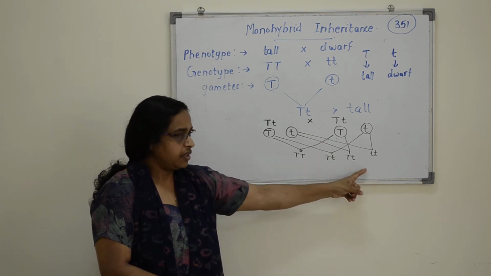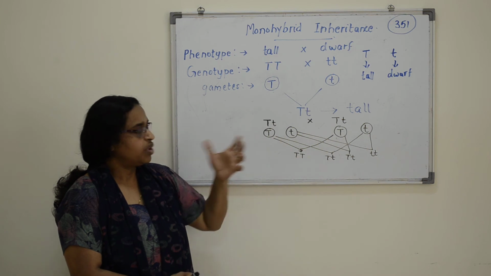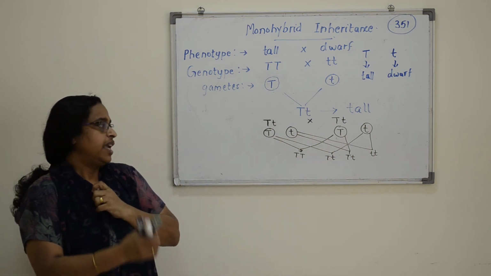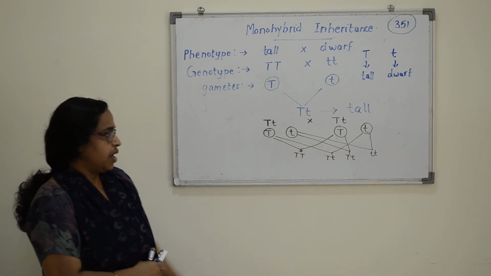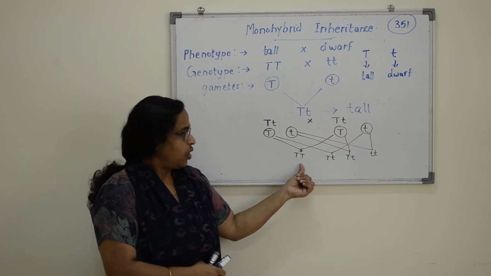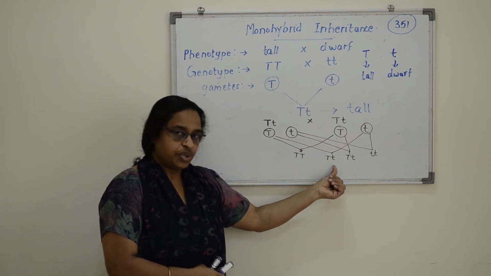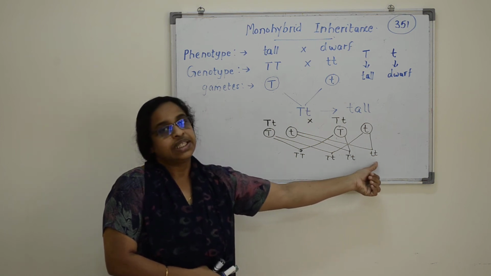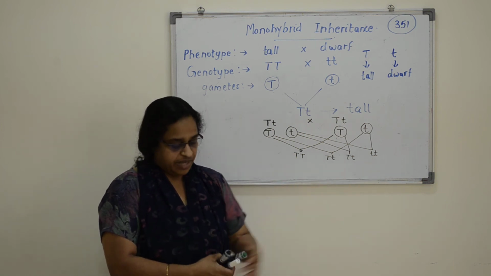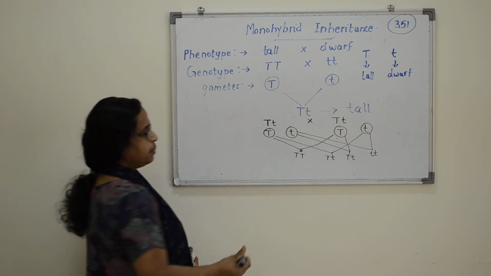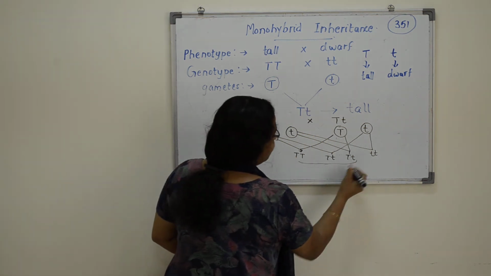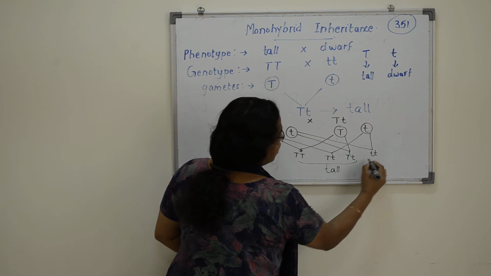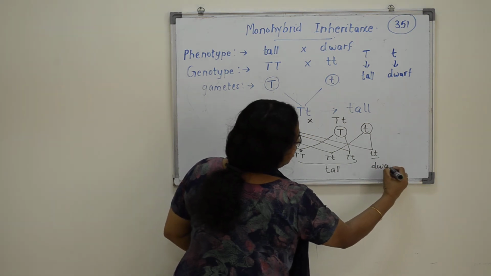Four offspring. And what about the phenotype? Whether they are tall or dwarf. This is tall, this is also tall, the third one is also tall, and the fourth one is dwarf. That means the phenotype is 3 tall and 1 dwarf.